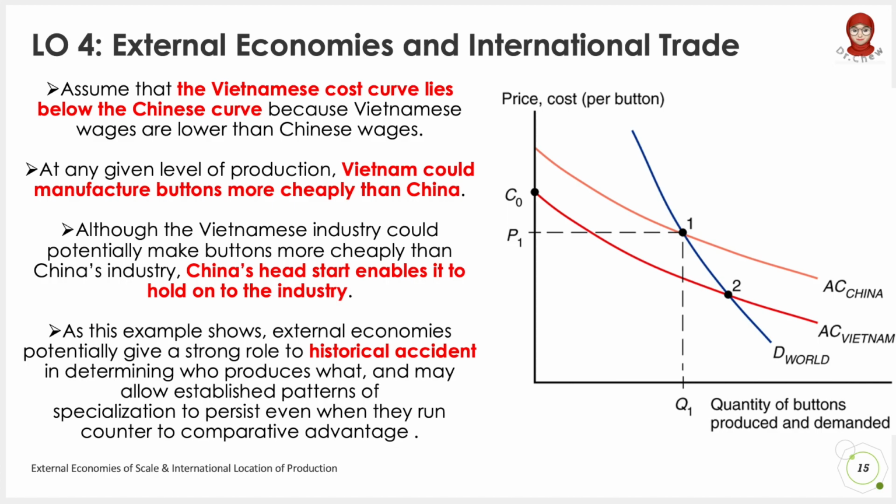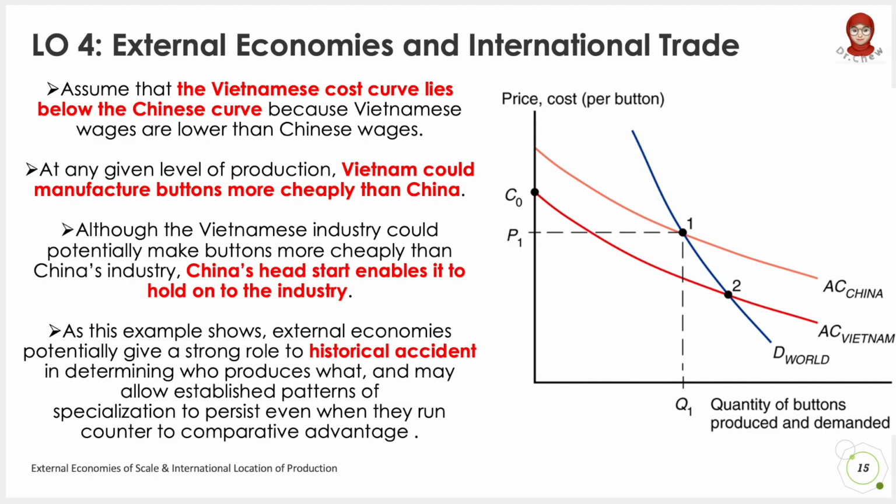Suppose the economies of scale in button production are entirely external to firms. Since there are no economies of scale at the level of the firm, the button industry in each country consists of many small, perfectly competitive firms. Competition therefore drives the price of buttons down to their average cost.